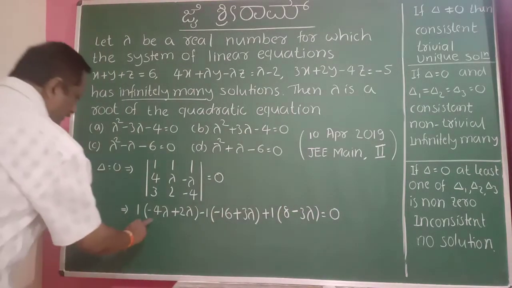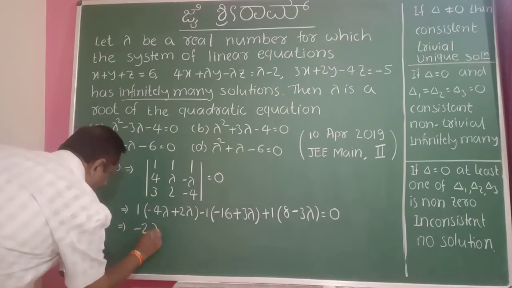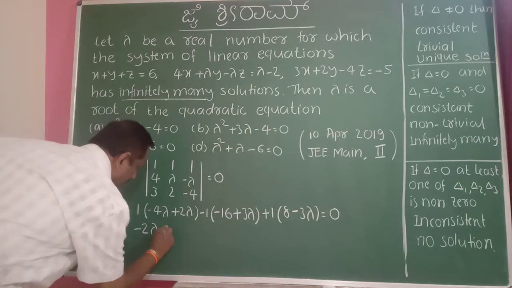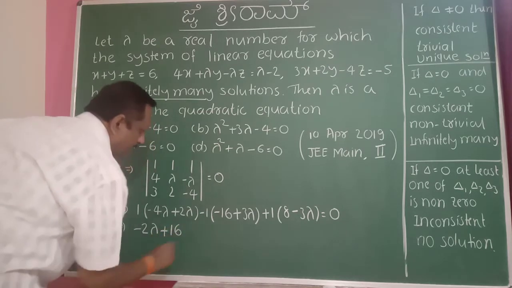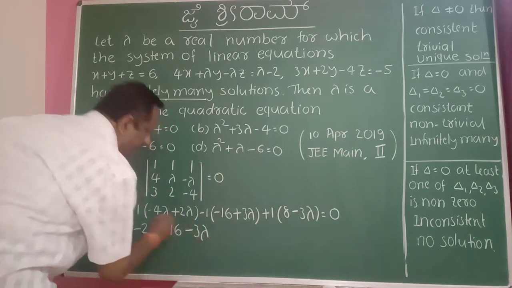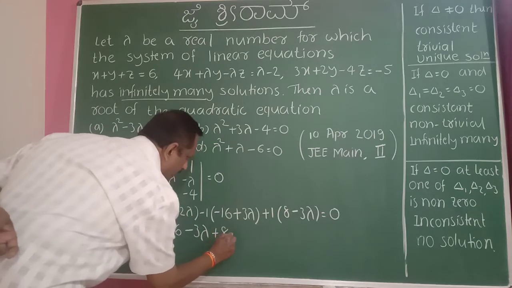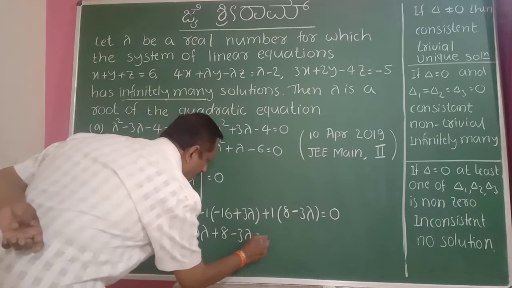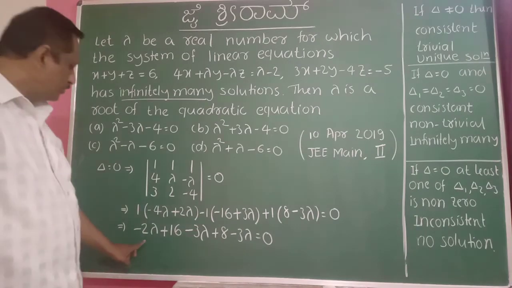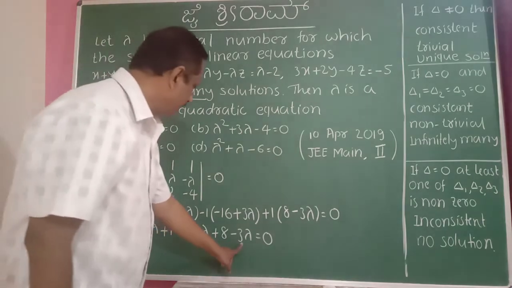So minus 4 lambda plus 2 lambda gives minus 2 lambda. Minus into minus becomes a plus, so plus 16. Minus into plus, minus 3 lambda. 1 into 8 becomes 8, plus 8 minus 3 lambda, that is equal to 0. Minus 2 minus 3 minus 5 lambda, minus 5 minus 3 is minus 8 lambda.